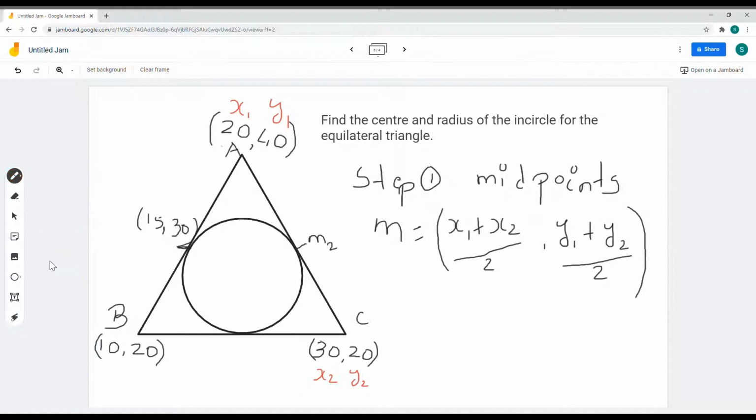So I'll go back to black. All right, so again, I'll write M2 equals, and start putting in these variables. My x1 is still 20, so 20 plus 30 divided by 2, and 40 plus 20 divided by 2.